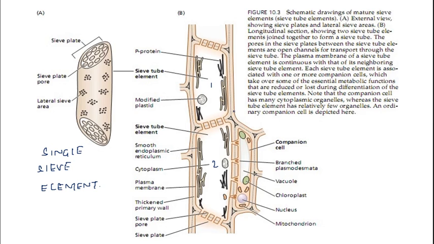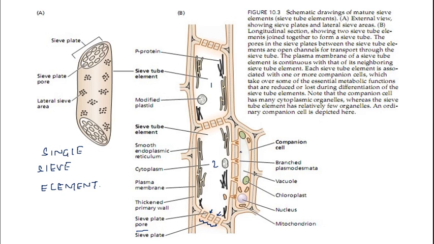The pores in the sieve plates between the sieve tube elements are open. These pores collectively form the sieve plate. So this is a sieve plate pore, and this whole region is called the sieve plate.